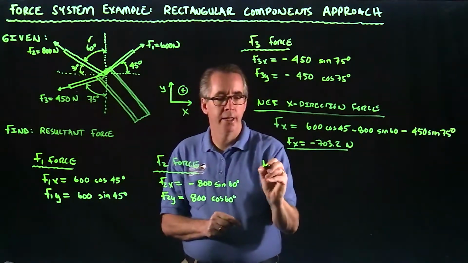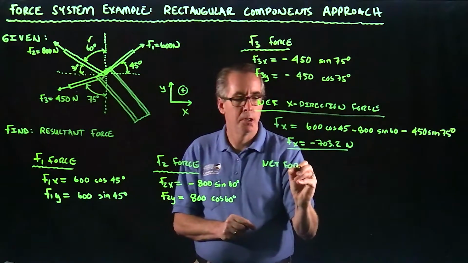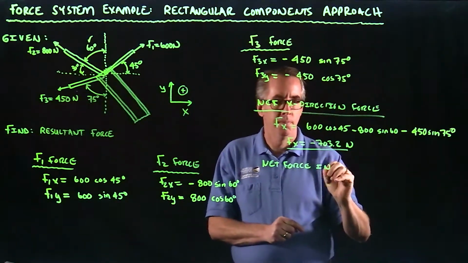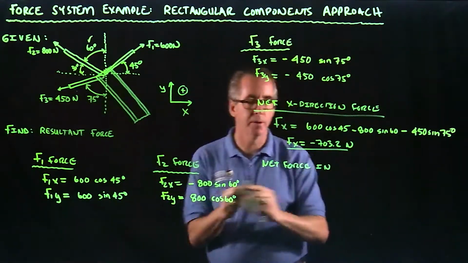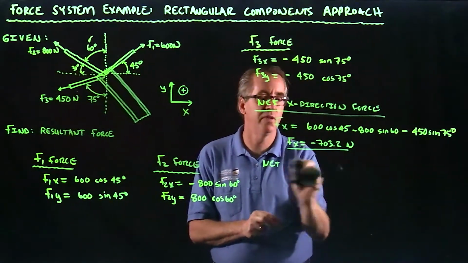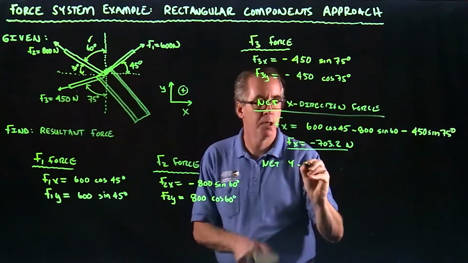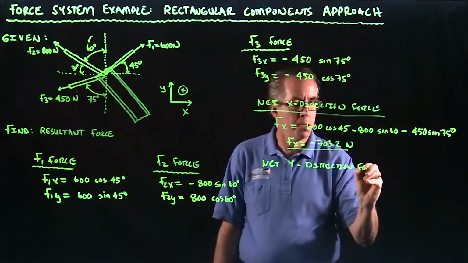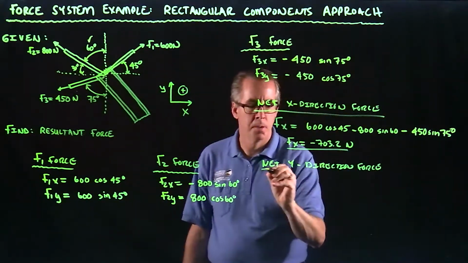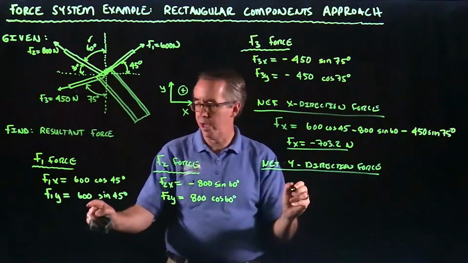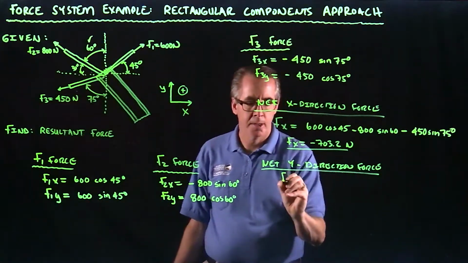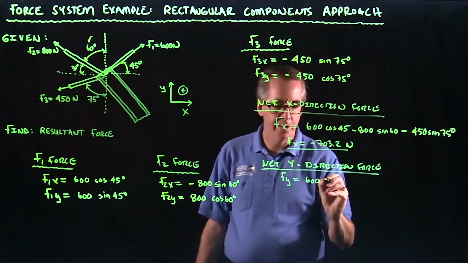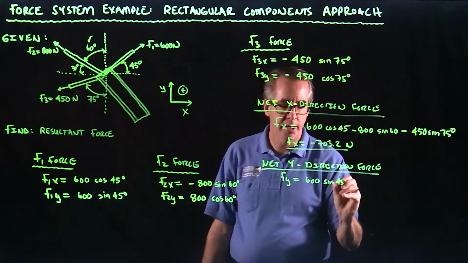Okay, and then let's do the net force in the, well, I guess I should be consistent. Let me go ahead and just fix that real quickly. So I'm going to call this just the net y direction force. Okay, so I'm going to sum those up. I've got 600 sine of 45 degrees, which is positive.